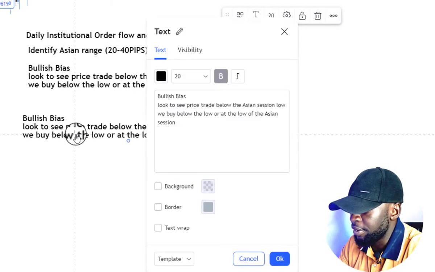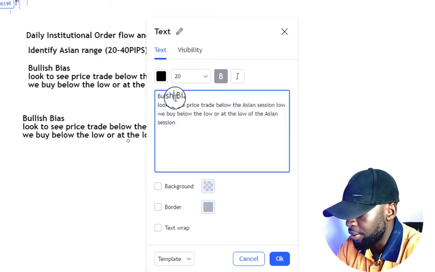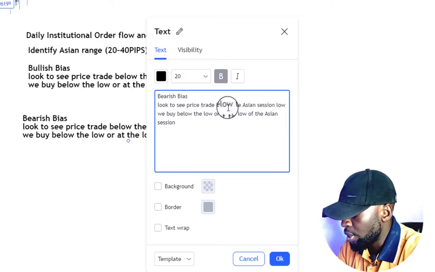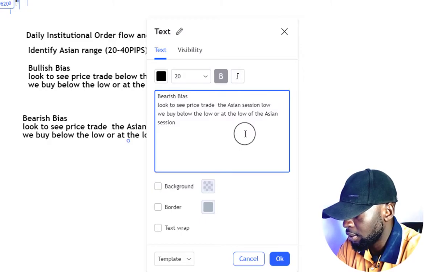When you have a bearish order flow or bearish bias, we would like to see price trade above, in this case, trade above the Asian session high.